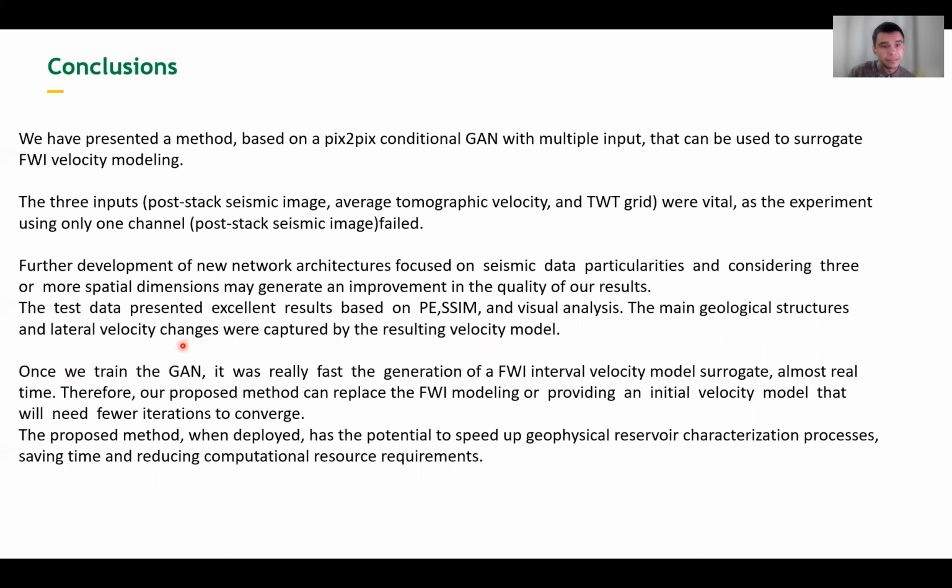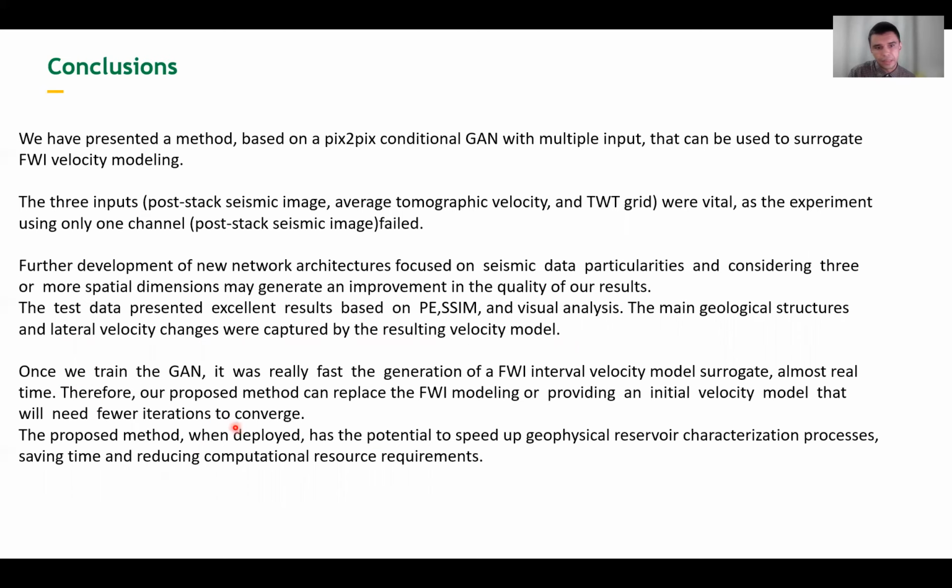The test data presented excellent results based on visual analysis and percent error and SSIM metrics. The main geological structures and lateral velocity changes were captured by the resulting velocity model.